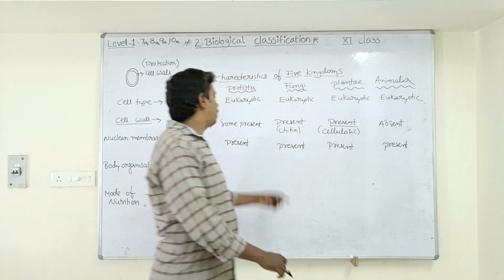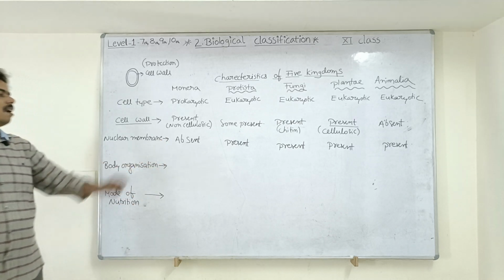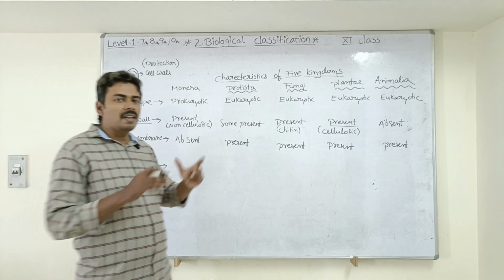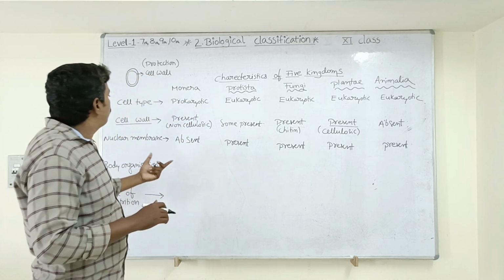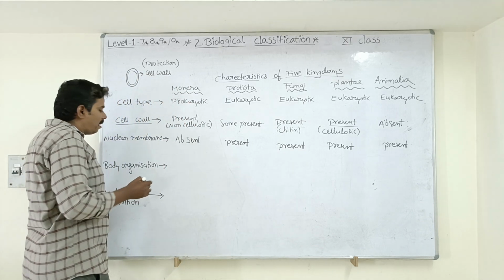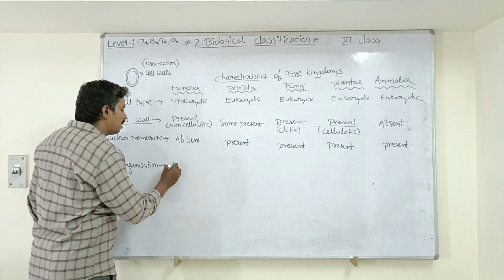So nuclear membrane is present in all the eukaryotes except the prokaryotes. Next, body organization. What is the body made up of? The body of monerans, which includes bacteria, is made up of a single cell.